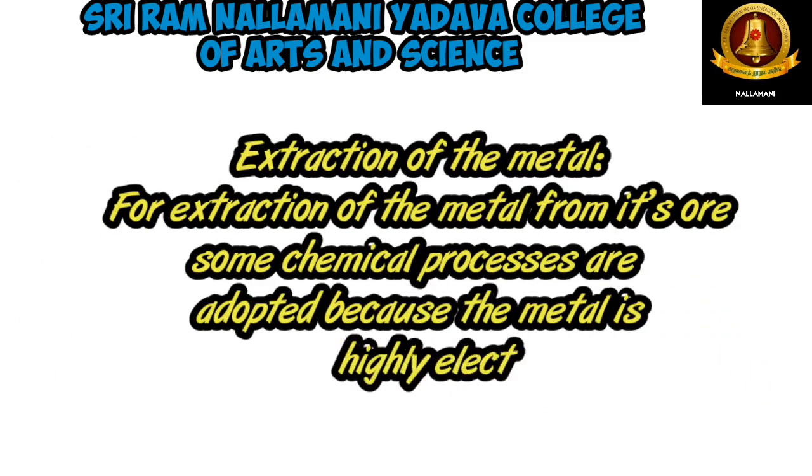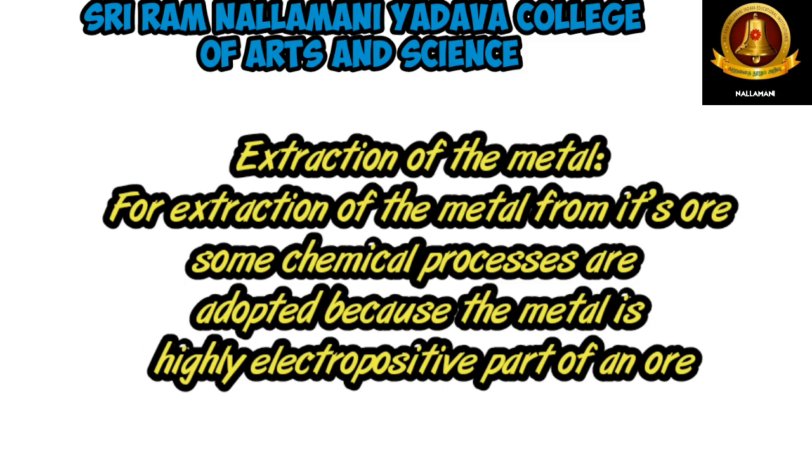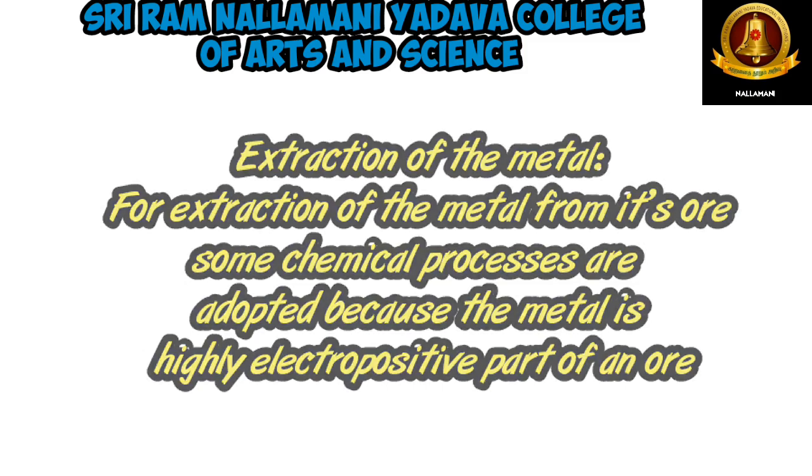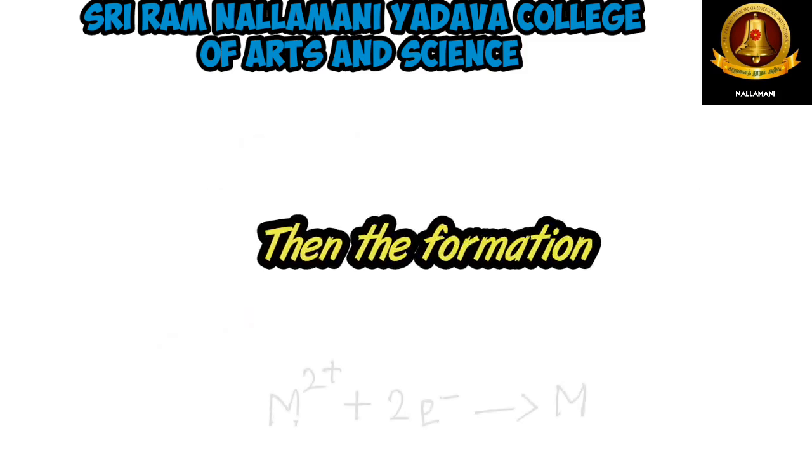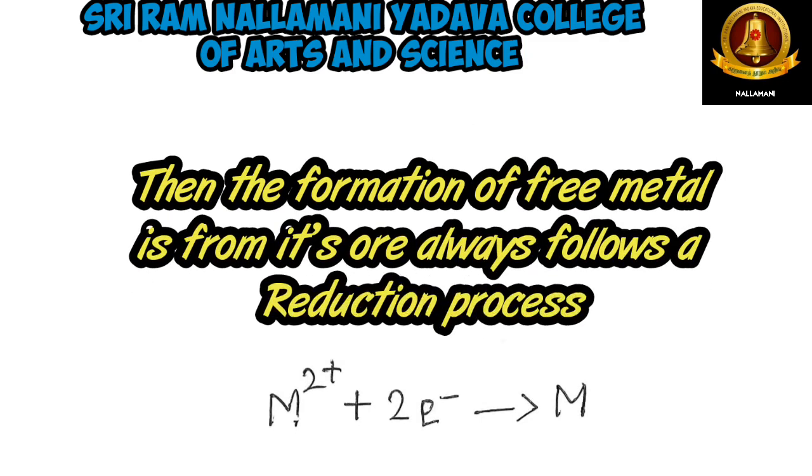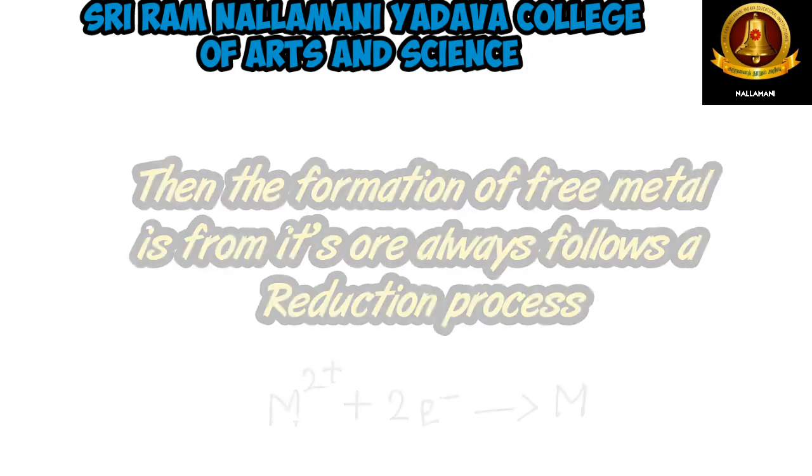Next, extraction of the metal. For extraction of the metal from its ore, some chemical processes are adopted because the metal is the highly electropositive part of an ore. Then the formation of free metal from its ore always follows a reduction process.